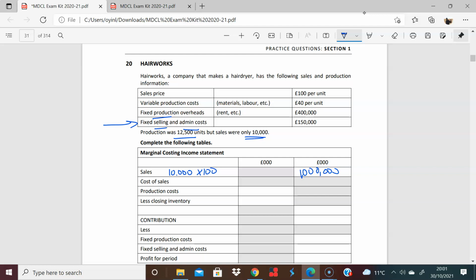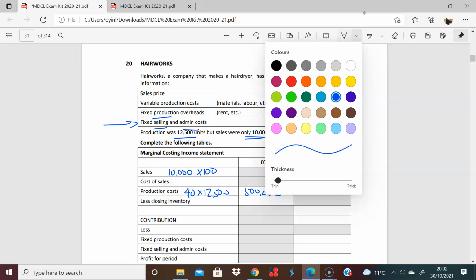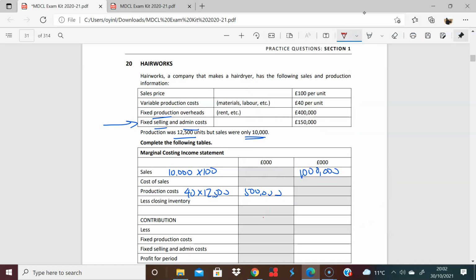And then cost of sales, where we're looking just at marginal. So that's 40 times 12,500, which is 500,000. I'll just use a different pen color to be clear that we're getting rid of the closing inventory.